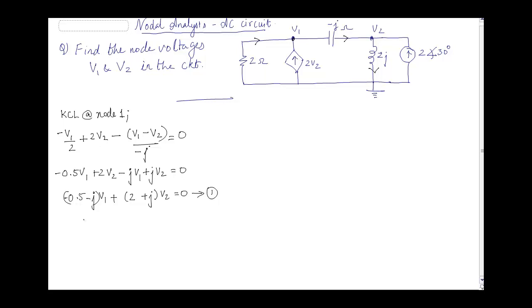So now we will go for KCL at node 2. Now KCL at node 2, this is node 2, so we are having incoming current, outgoing current, again incoming current.